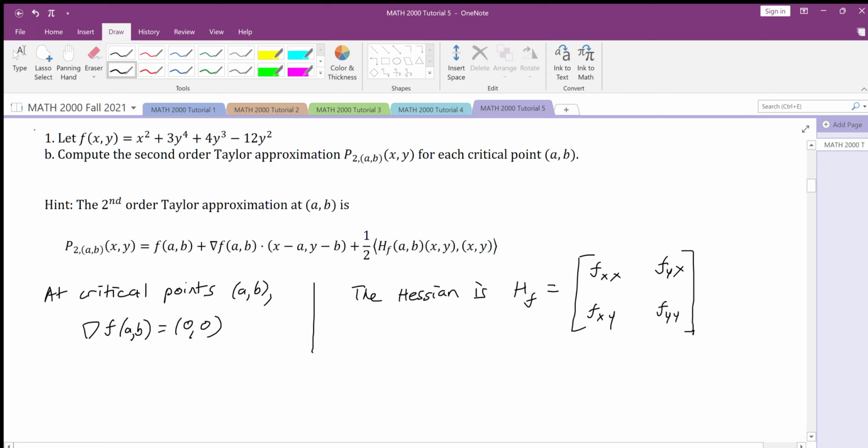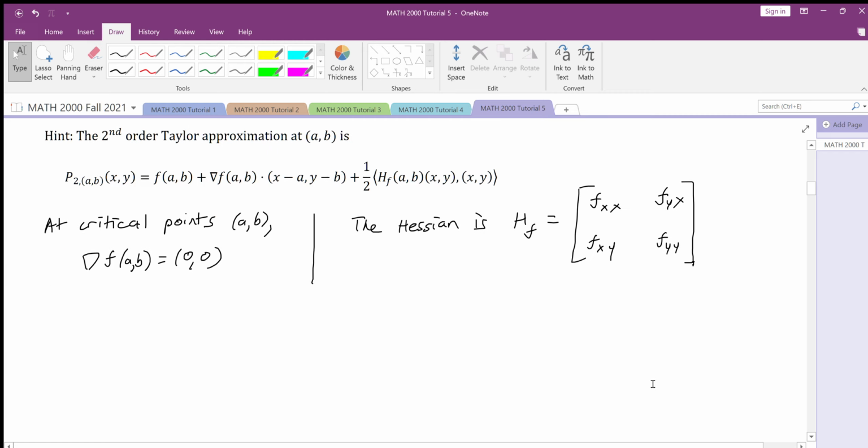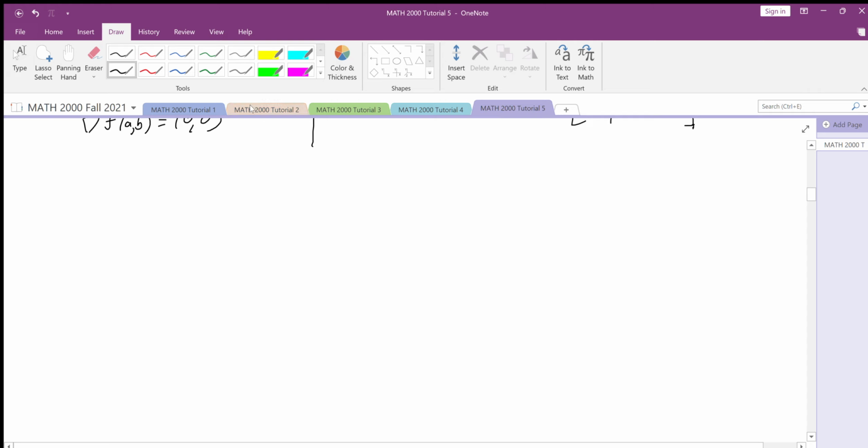So what we want is to now compute this second order Taylor approximation when (a, b) is (0, 0), (0, 1), and (0, -2), as we found in question 1a. Those are the critical points. So case 1 is for (a, b) equal to (0, 0).